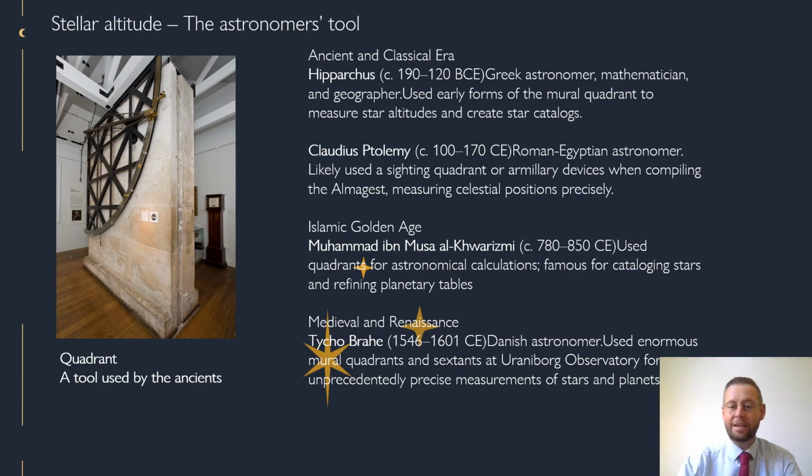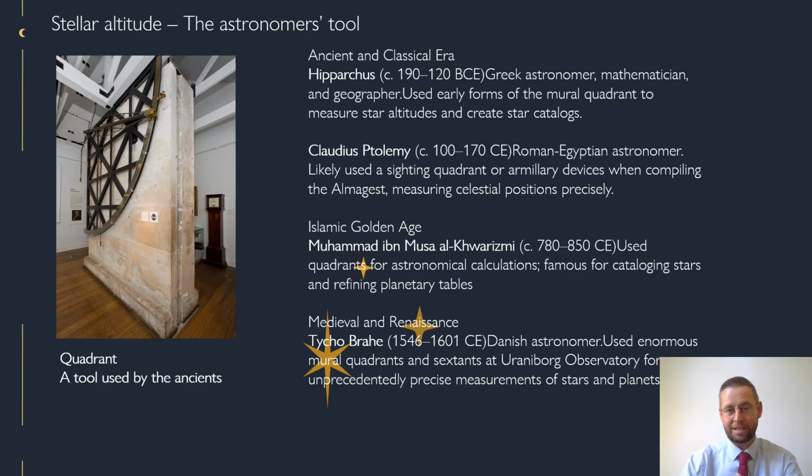Even in the 1500s, Tycho Brahe of Copenhagen, whose very important astronomical measurements fed into Copernicus and Kepler's first attempts to understand the sun-centered model of the solar system.